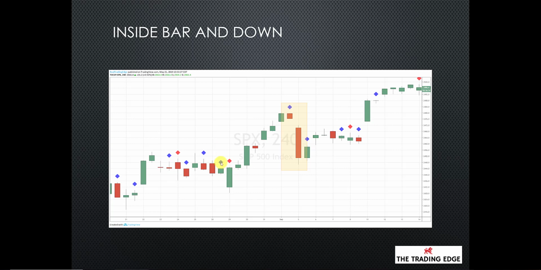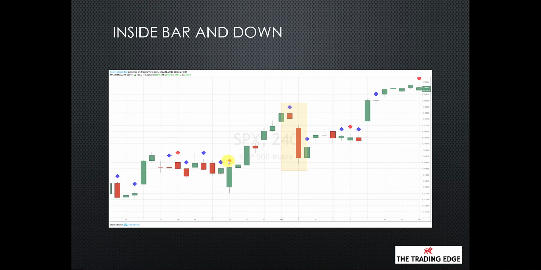An inside bar simply is a bar that is inside the previous bar's range, right? That means for an inside bar, the high is lower than the previous bar's high, and the low is higher than the previous bar's low. So it makes it inside the previous bar. This bar here is considered the mother bar, and this would be the inside bar.